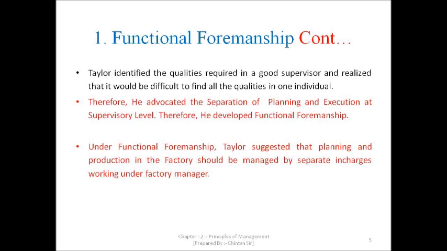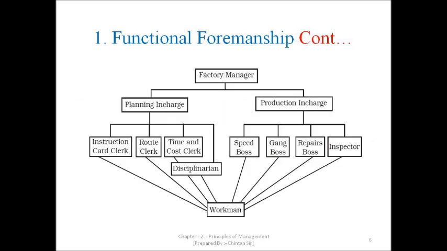Under functional foremanship, Taylor suggested that planning and production in the factory should be managed by separate in charges working under the factory manager. So he classified the factory manager's work into two parts with two different in charges.